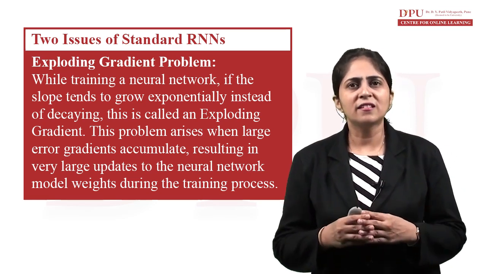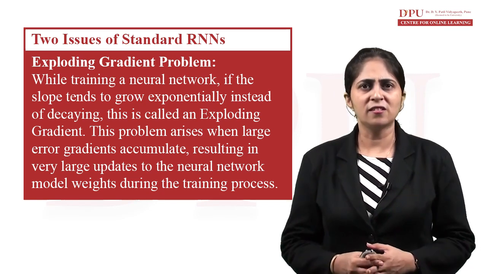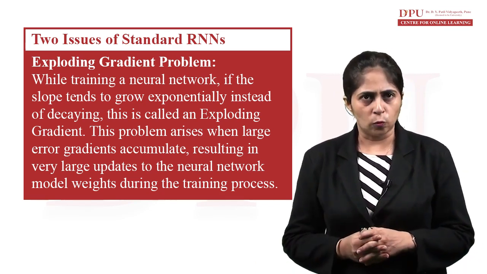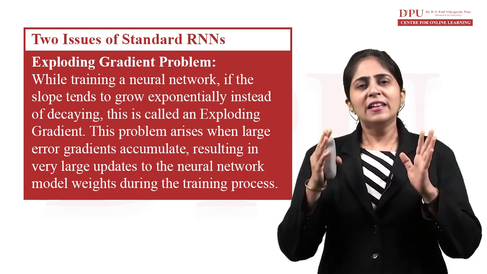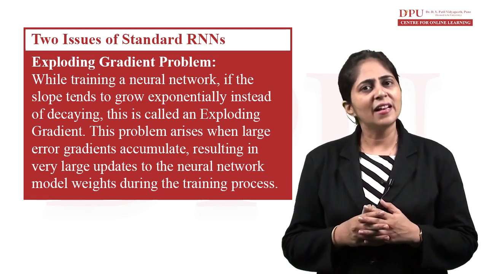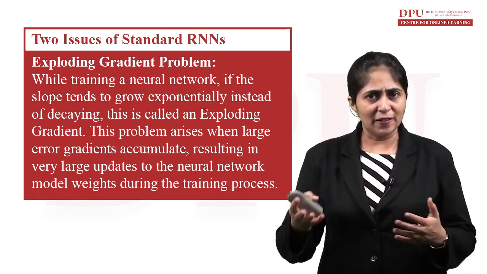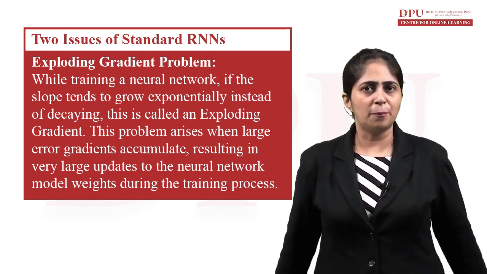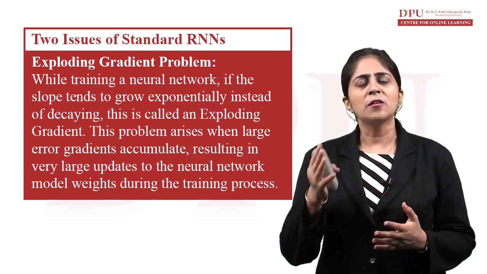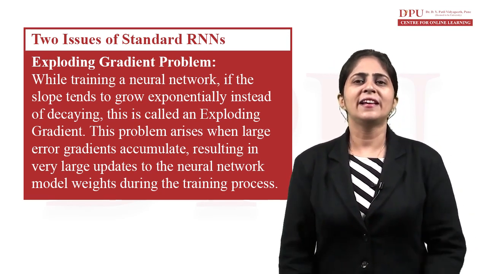This will result in large updates to the neural network model weights during the training process. So when many large error gradients accumulate, this will further result in large updates. So our training process will not work efficiently. This is called the exploding gradient problem.